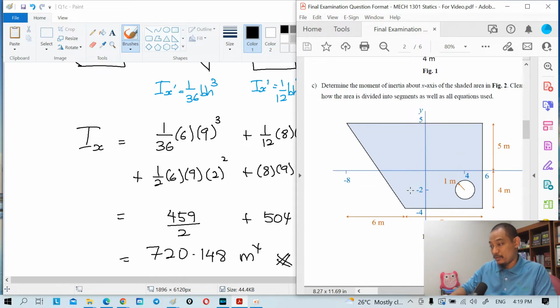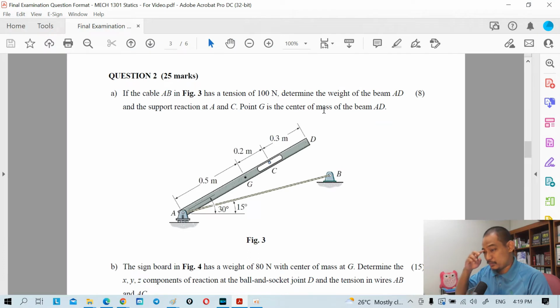Alright, so question number 2A. We have this thing, and it says the cable AB has a tension of 100 Newton, so this tension is given. Determine the weight of the beam. When they say the beam has a weight, it will act at the center of gravity here, so there's a force of the weight downwards.